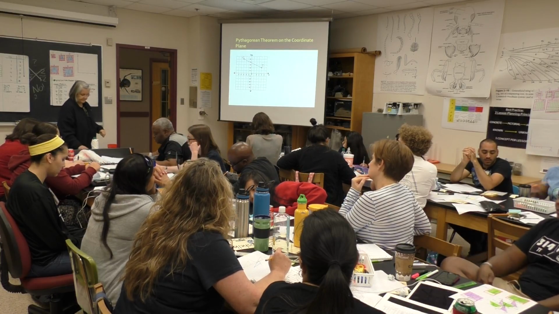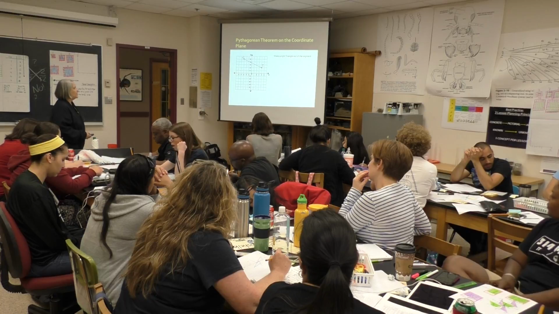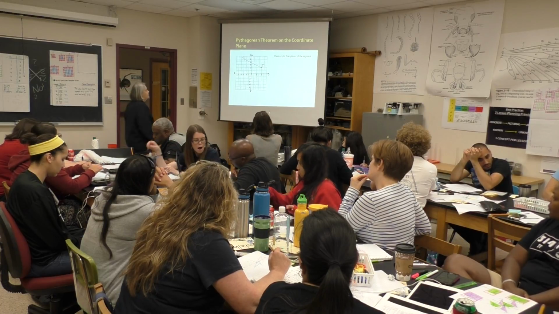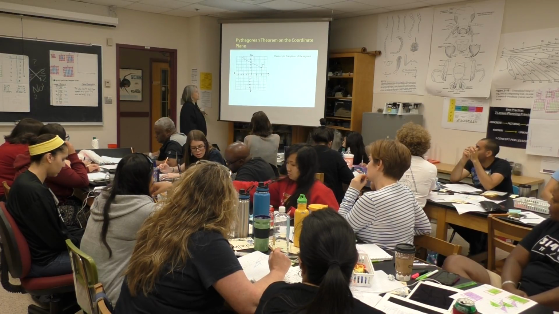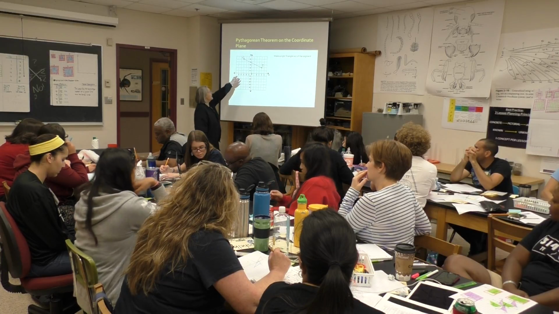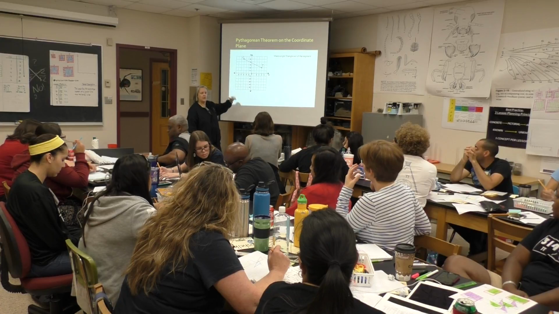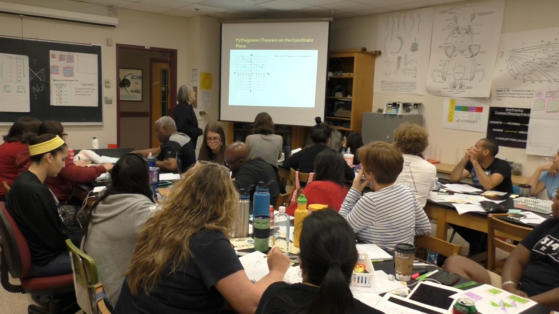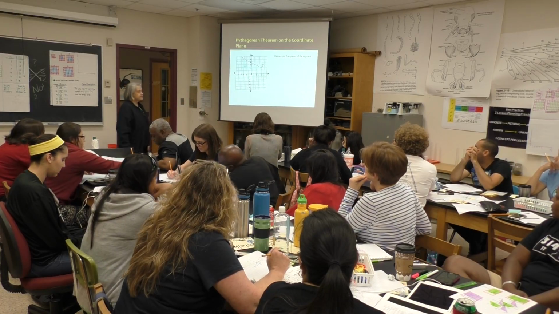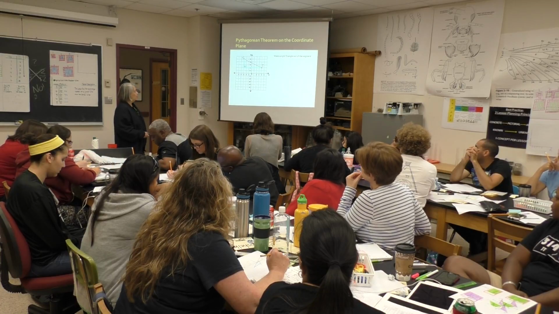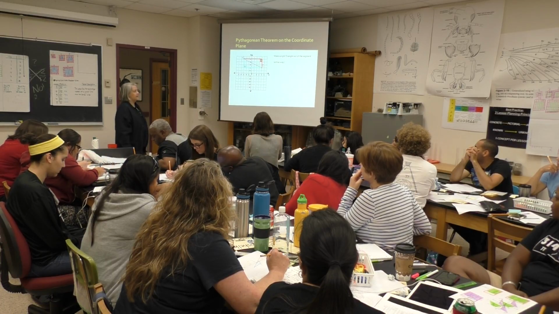Good. All right. So to use the Pythagorean theorem in the coordinate plane, we need to have a right triangle, don't we? Can we create a right triangle? Certainly can. We can create it like that, or we can create it like that.